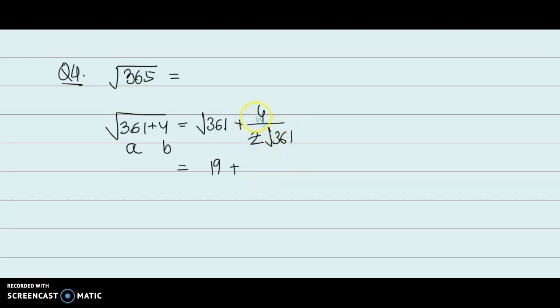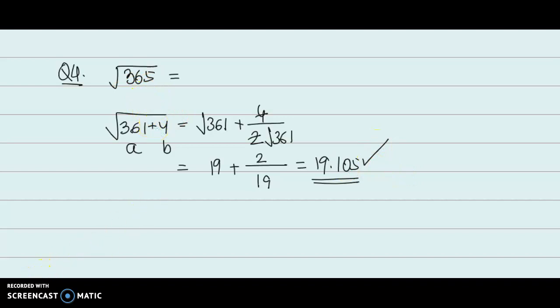You can cancel this 2 and this 4, so it becomes 2 by 19, and when you find out 2 by 19, you will get 0.105. So it is approximately 19.105. You can check your answer, you will get around the same value. So this is your answer for root 365.